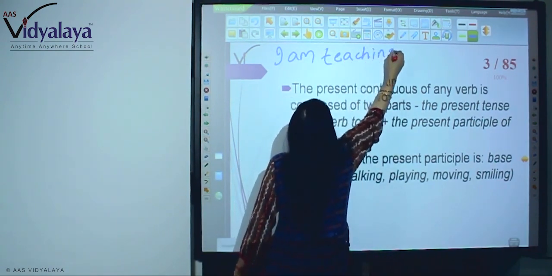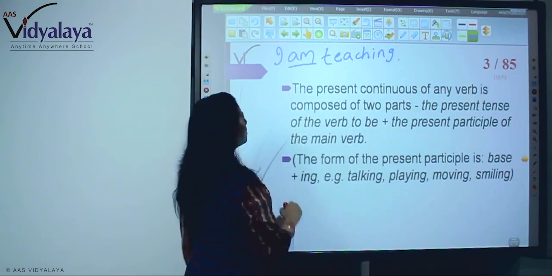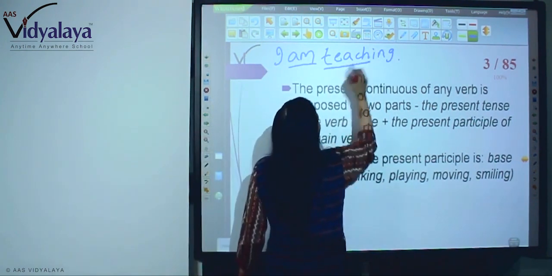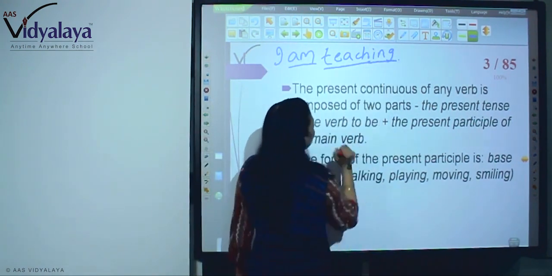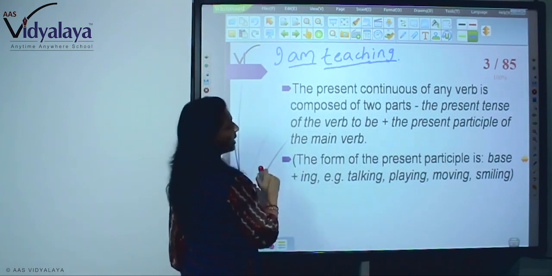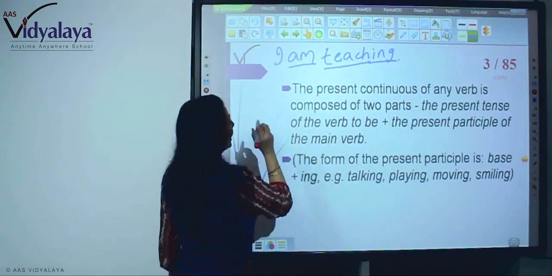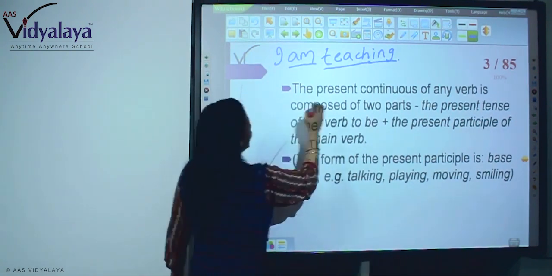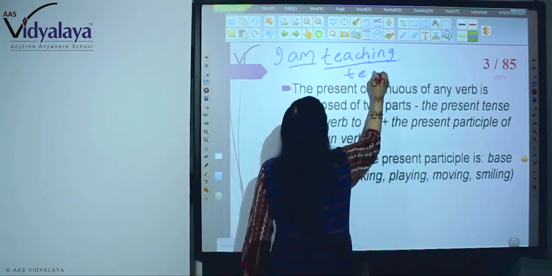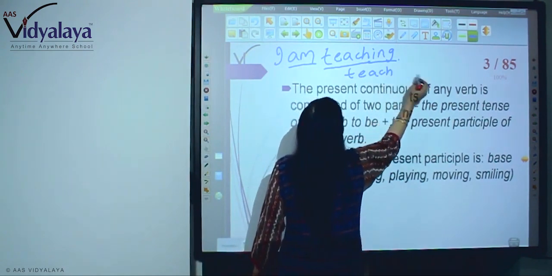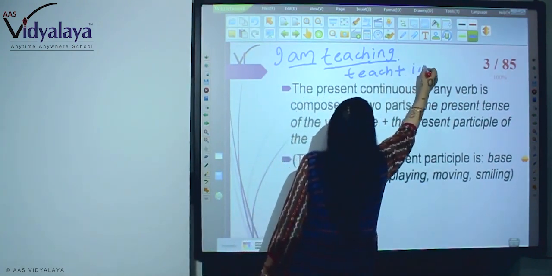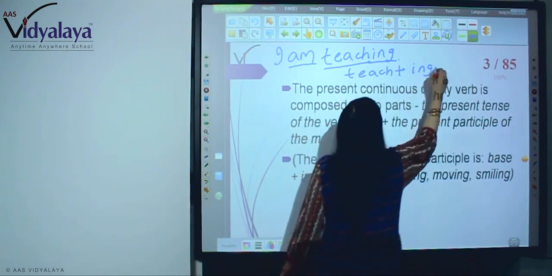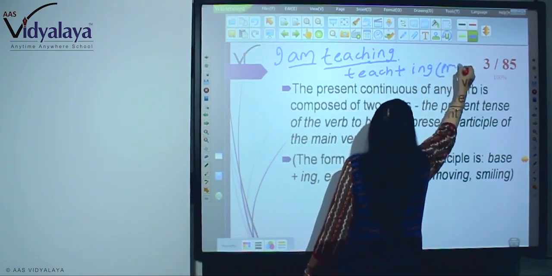I am teaching. So, to be, am is to be. Teach is the main verb. This teaching is the present participle actually, and how is the present participle formed? Main verb plus ing. So here teach is a main verb plus ing, and this is the present participle.